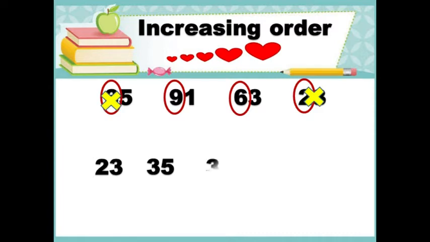So we write 63. And the last one, we write 91. That is how we arrange 35, 91, 63, 23 in increasing order.